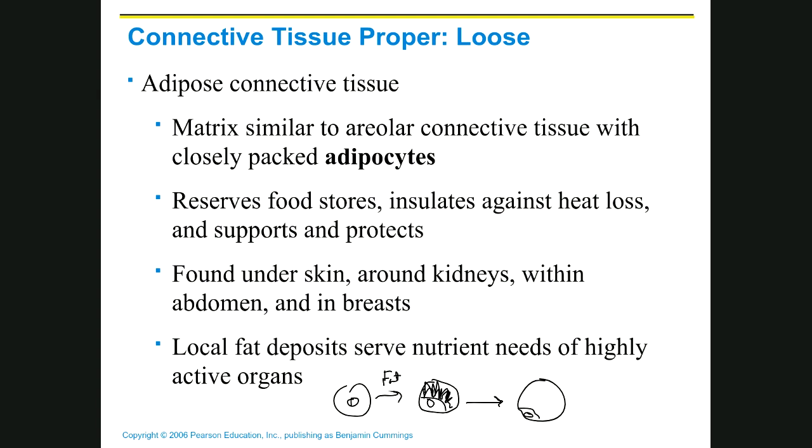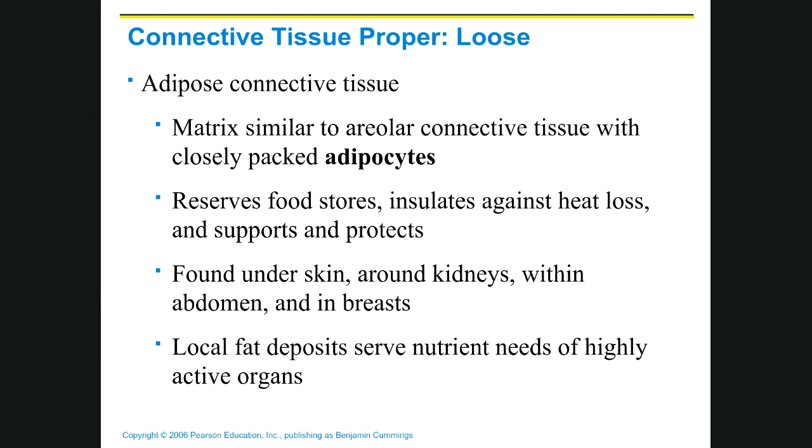And then it gets bigger until you wind up with these big giant cells that are basically just a little package full of a liquid fat. And then they maintain that fat, and so they're called adipocytes.